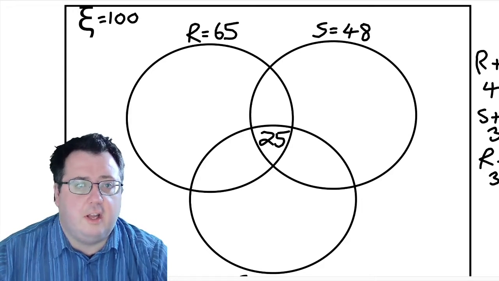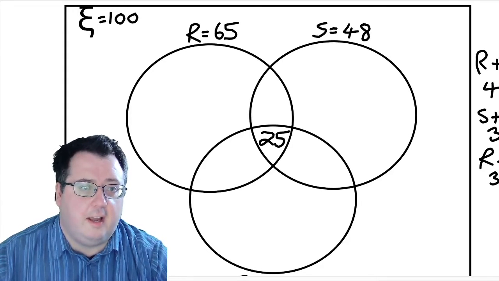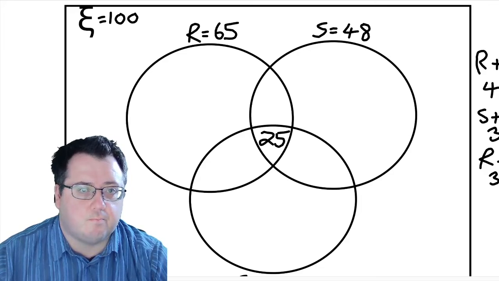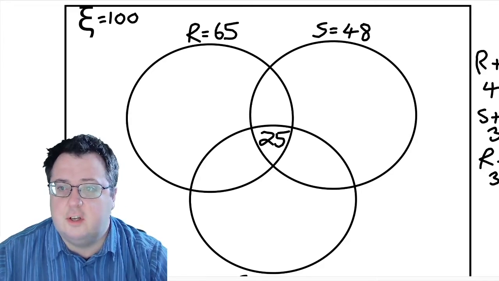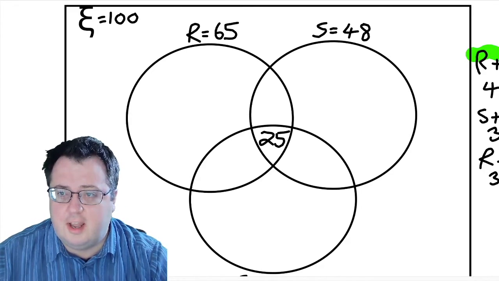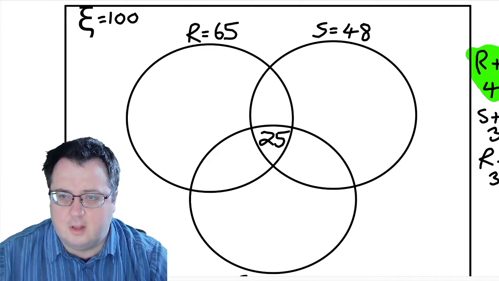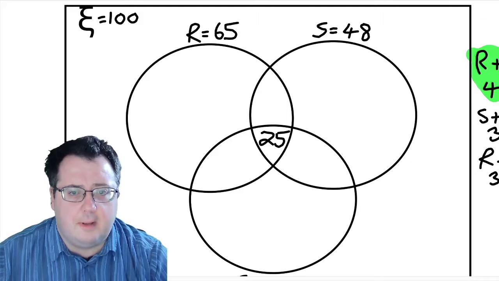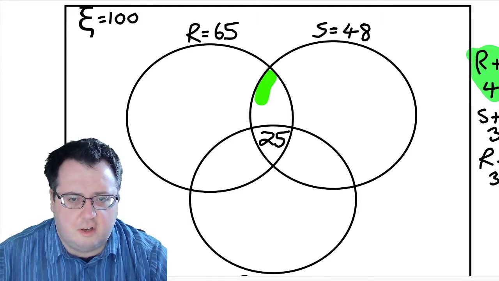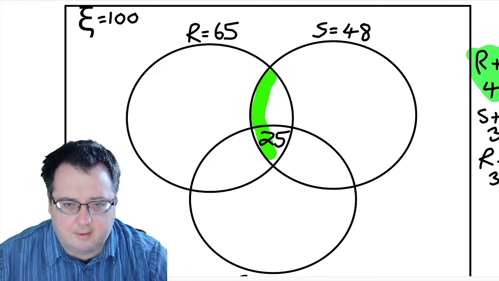Okay, we're now going to get the highlighter pen and we're going to look at various things. The first thing is running and swimming, which we're told is 40. Now, running and swimming is this overlapping section here. Okay.